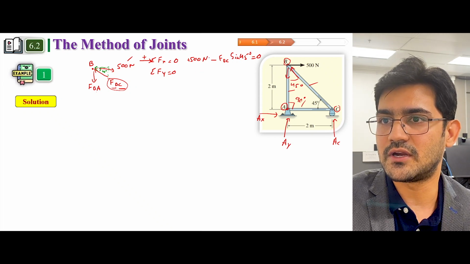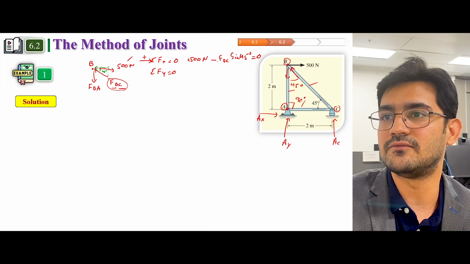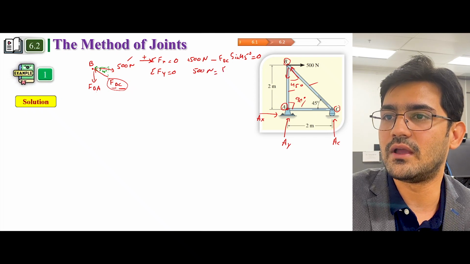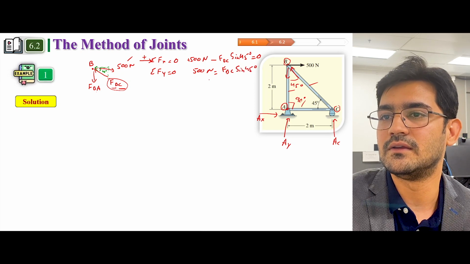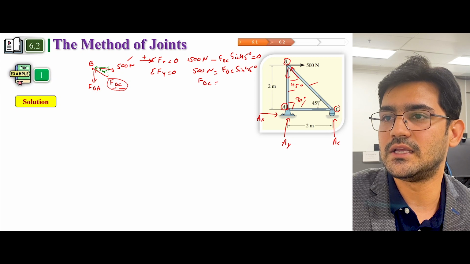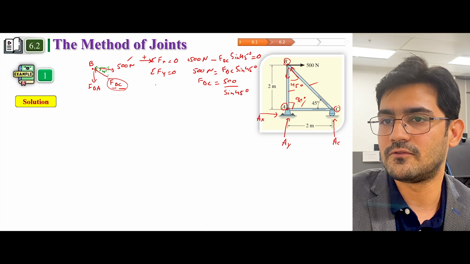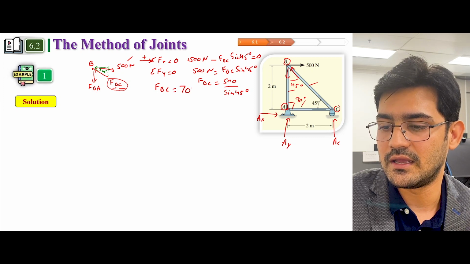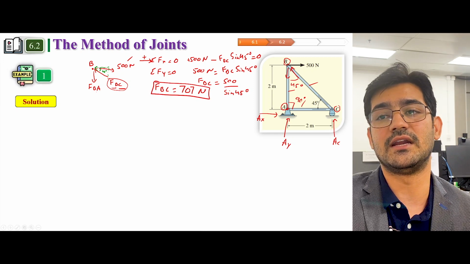So if you try to solve this, 500 Newton is equal to F_BC sine of 45 degrees. So F_BC is equal to 500 divided by sine of 45 degrees, which comes out to be 707 Newton.